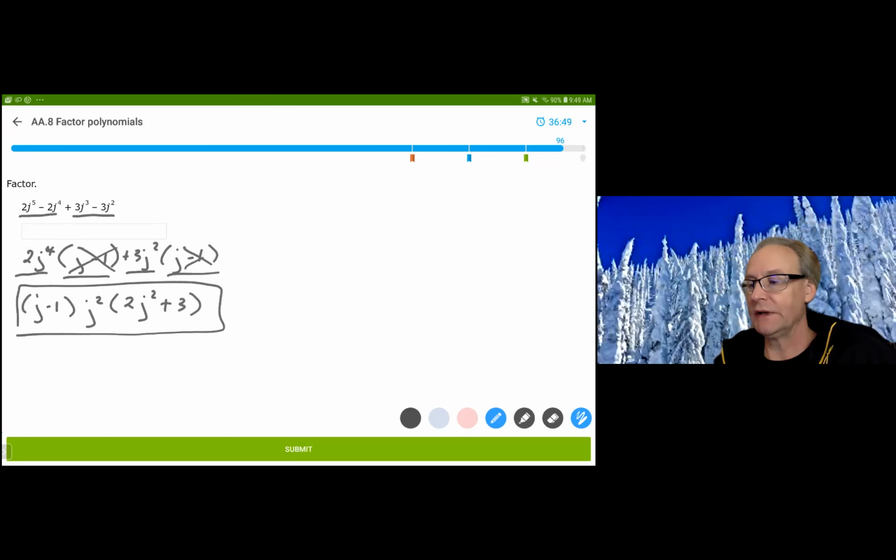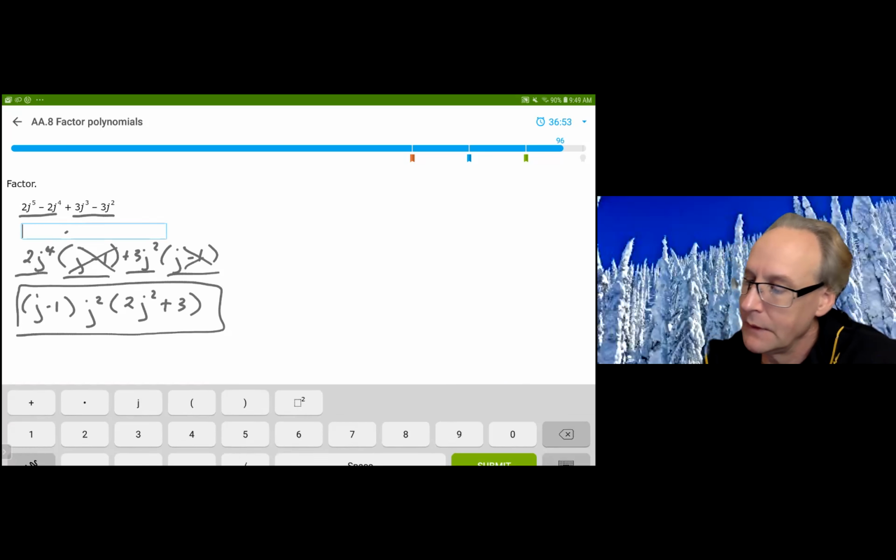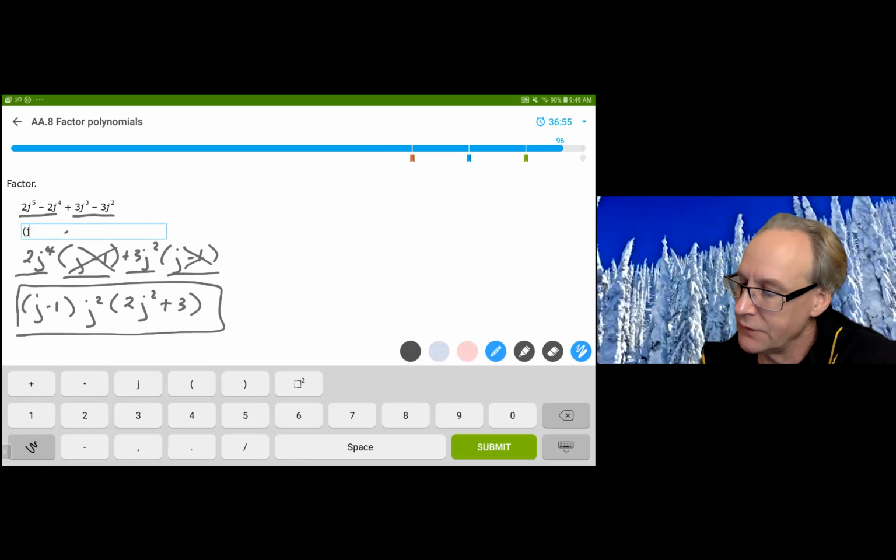Anyway, hopefully you can see it. We've got a j minus 1, and we've got a j squared, and we've got a 2j squared plus 3. And I do believe that is correct.